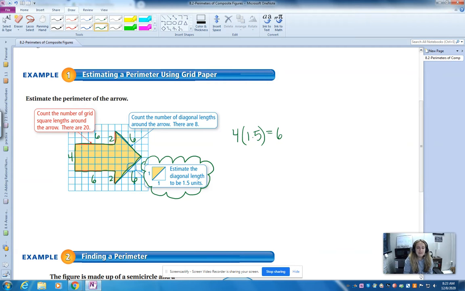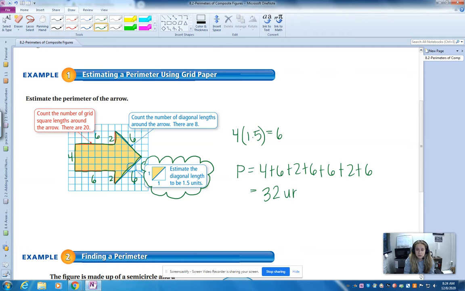We now have all of the side lengths. Now we just add them all together. So perimeter is going to equal 4 plus 6 plus 2 plus 6 plus 6 plus 2 plus 6. In my calculator, I'm going to go 4 plus 6 plus 2 plus 6 plus 6 plus 2 plus 6, and that is going to give me 32 units.